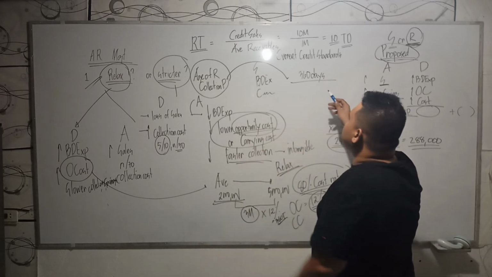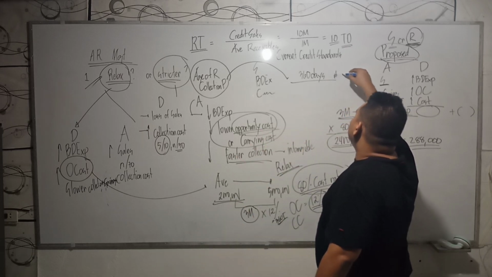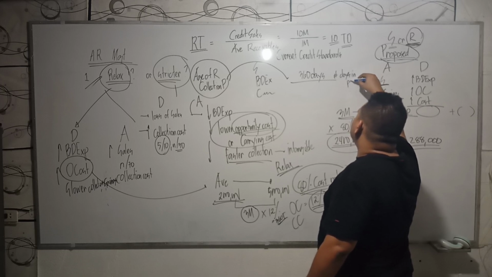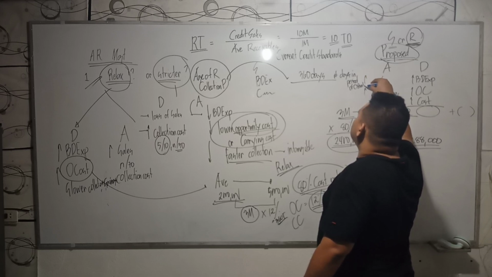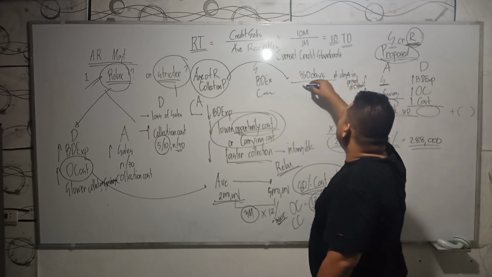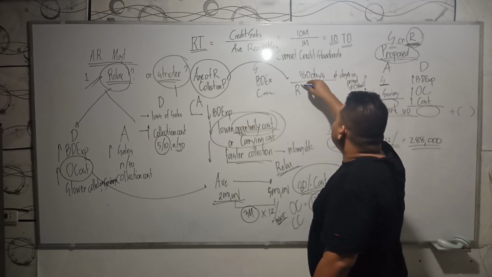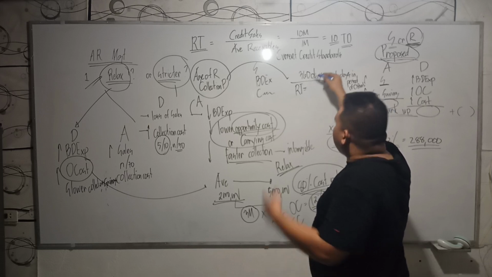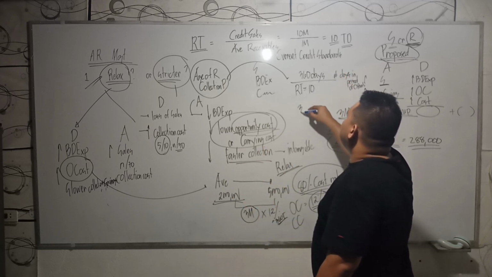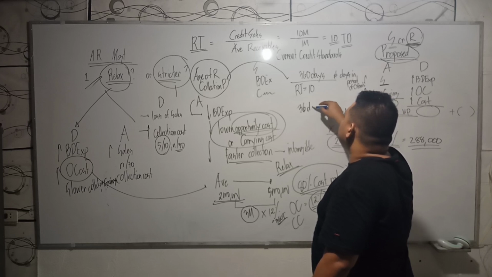So for example, 360 days, the number of days in a period of operations, over the receivable turnover, which in this case is 10. So you have 36 days.